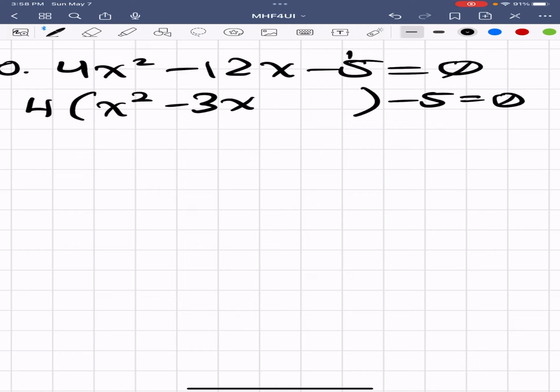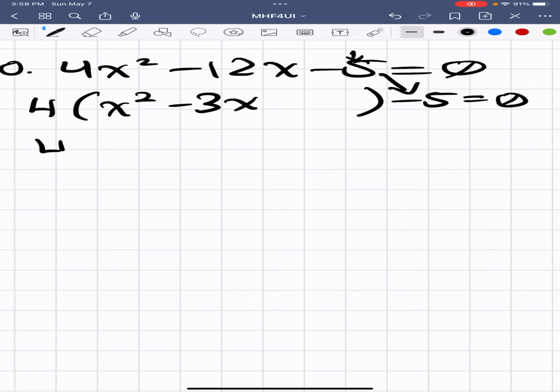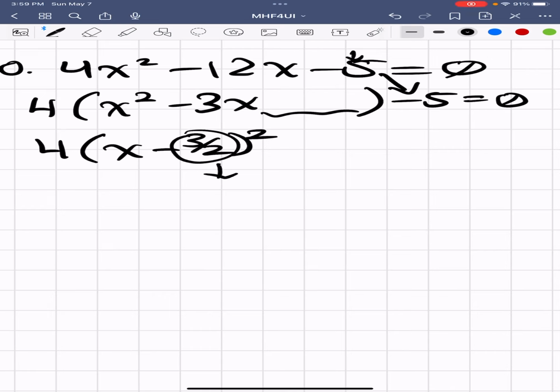You leave this term, you move it over there. Before we figure out these two terms, x minus 3 over 2 squared. We take this term, square it, negative, negative, positive.